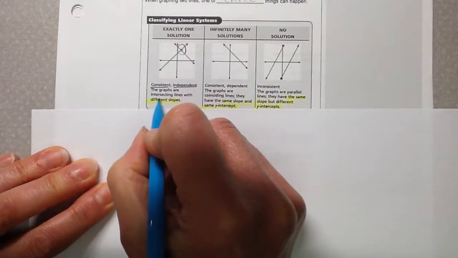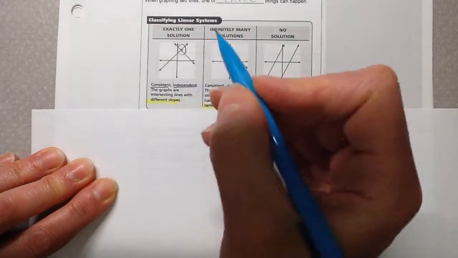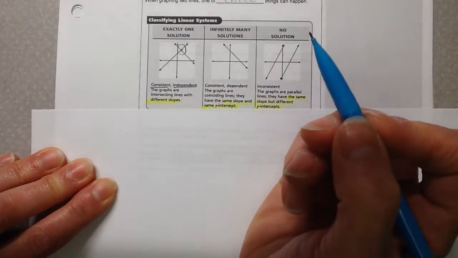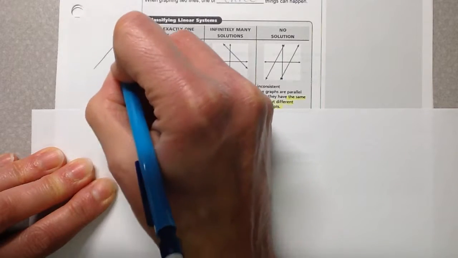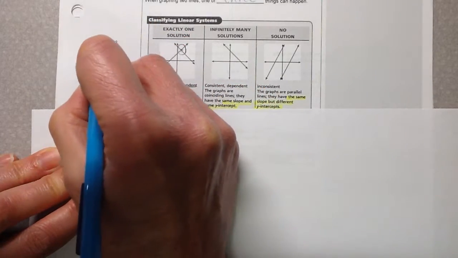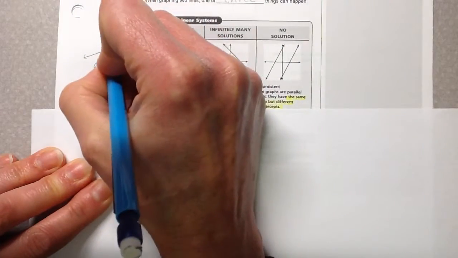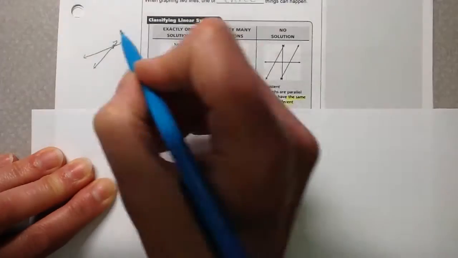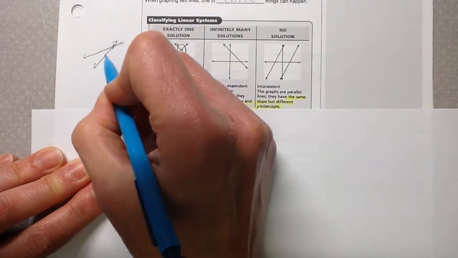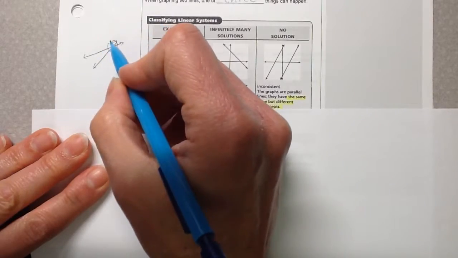That happens when your lines have different slopes. So if you just think about it, lines that have different slopes are eventually going to intersect. They could look like this. You know, they could both be positive. They could both be negative. One could be positive slope, one could be negative slope. But once they intersect, we know that their lines have different slopes.